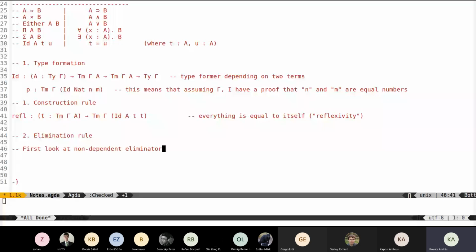And in the case of equalities, the non-dependent eliminator is something which is also called the Leibniz principle, which says that basically if we can prove two things to be equal, then we can always substitute one thing with another in any other context. So this is also called substitution, but this can be a bit confusing because we already have another notion of substitution, but this is very specifically substitution of equals in any context.